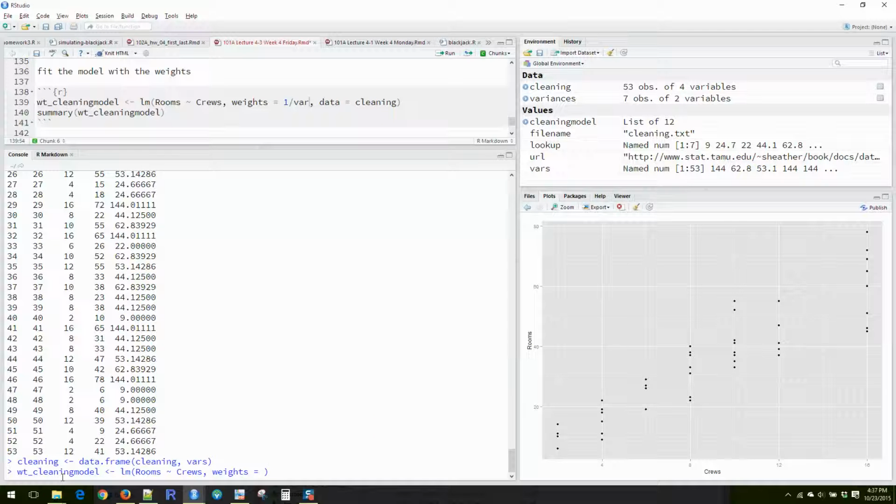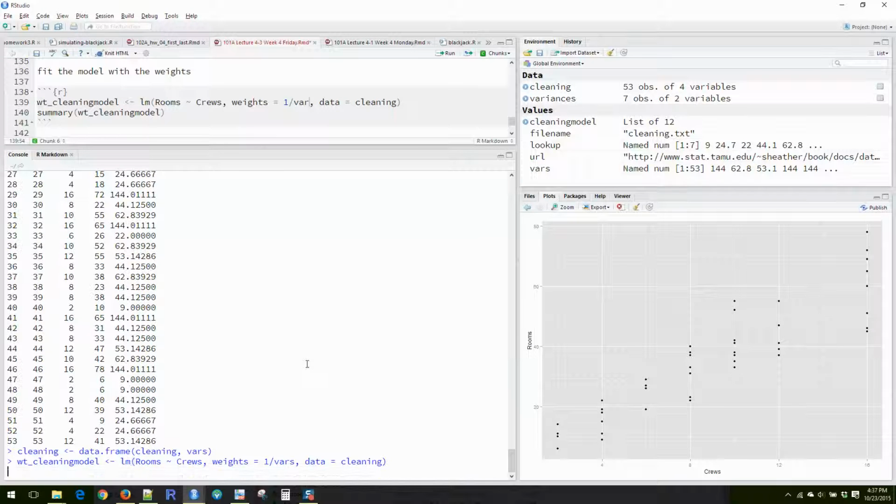Weights is going to be 1 over vars, that's our column here, and this comes from our data table, cleaning. And it says okay, I did it.